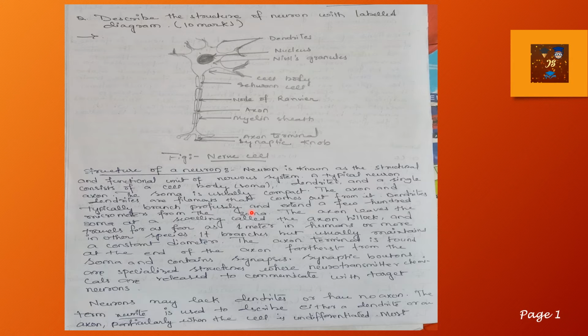The axon and dendrites are filaments. Normally dendrites are branched, and the same is the case with the axon. As I told you earlier, where the axon joins with the dendron, there is a portion known as the axon hillock.